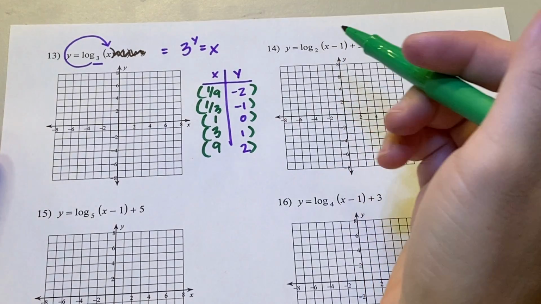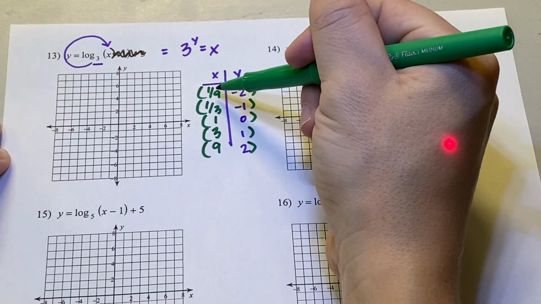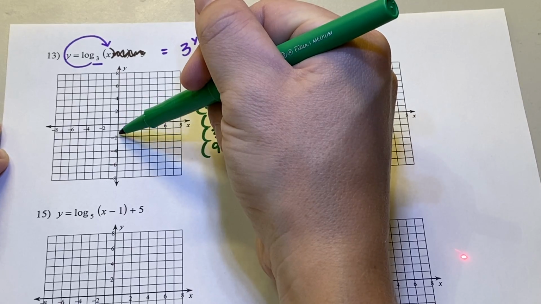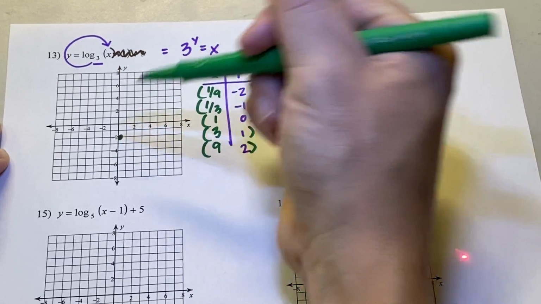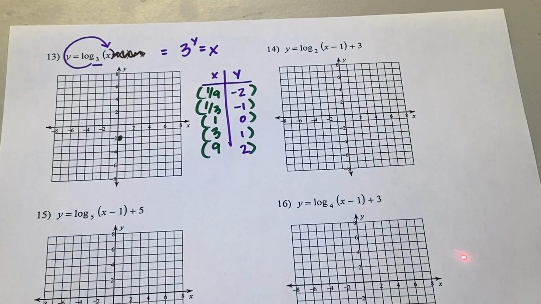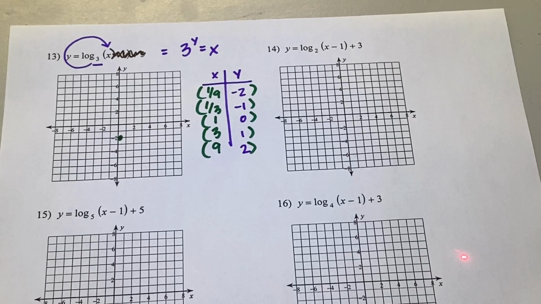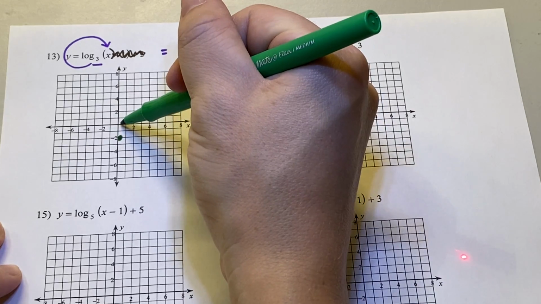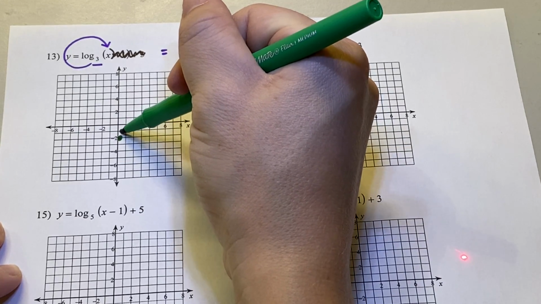Okay, so it wants you to find 1/9 on your x. So that's like barely past right here. Then it wants you to go down to -2. So that's right there. Like 1/9-ish down to -2. Then it wants 1/3, just a little bit farther, down to -1.